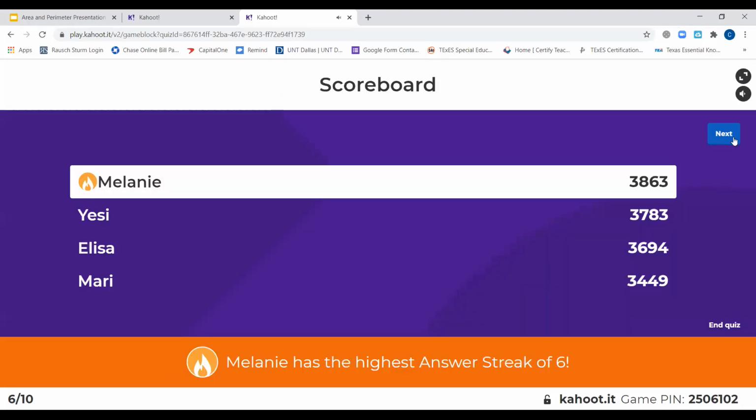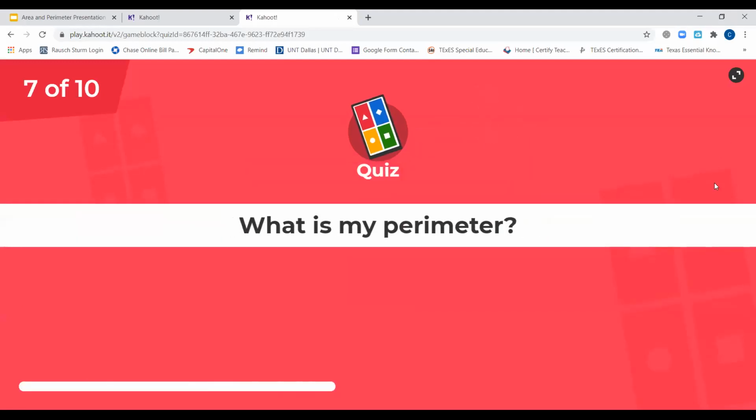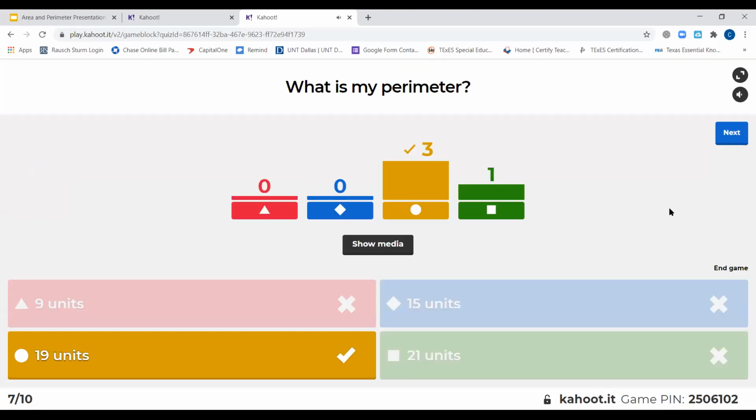Great job. Okay, what is my perimeter? This is a different shape, but for perimeter, you just do the same operation. You're going to add up all the sides.